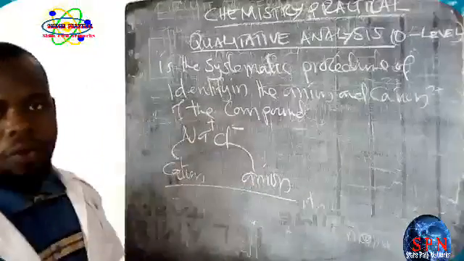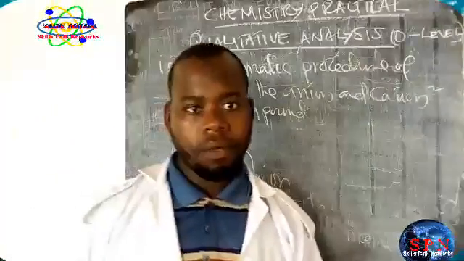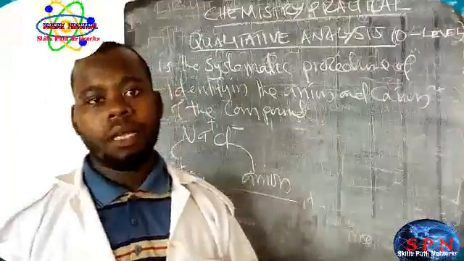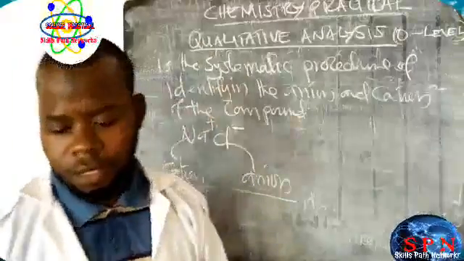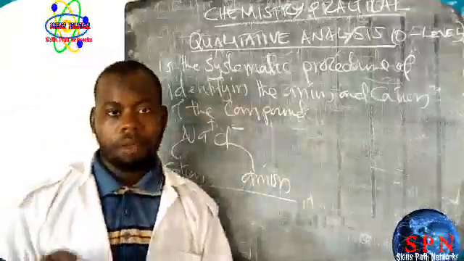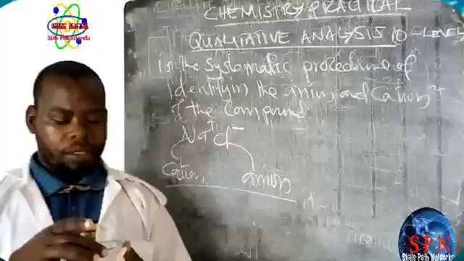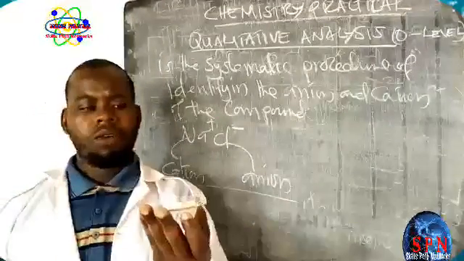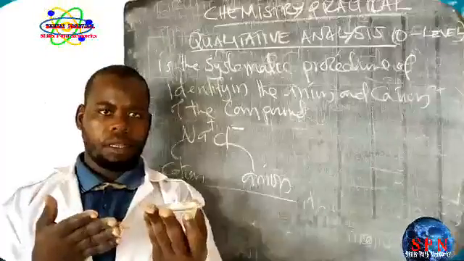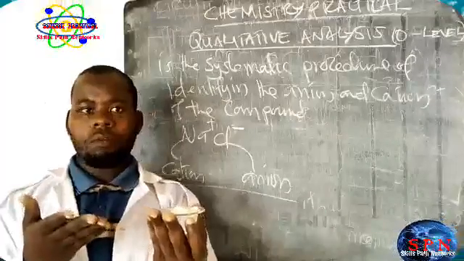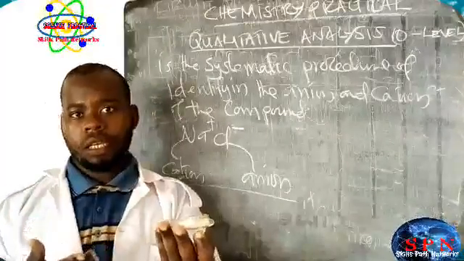In order to identify the compound you are given, which is unknown, it is provided as a sample, but I don't know what it is. Is it sodium chloride? Is it copper sulfate? Is it lead?